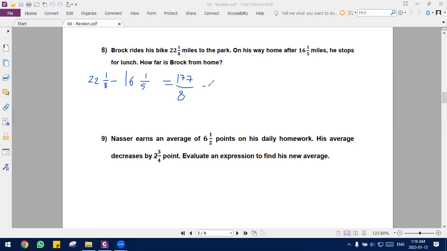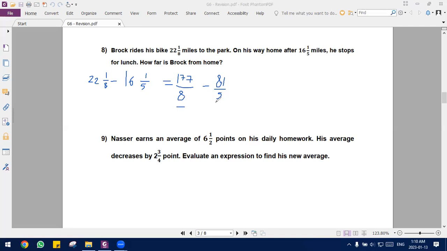And then minus, again for 16 we need to do the same thing, 16 times 5, and then plus 1. 16 times 5 is 80, plus 1, 81, over 5. Now we cannot subtract these two fractions because they have different denominators.